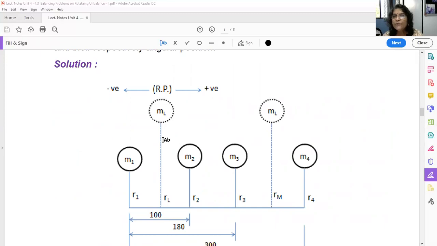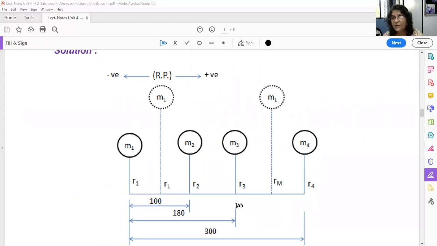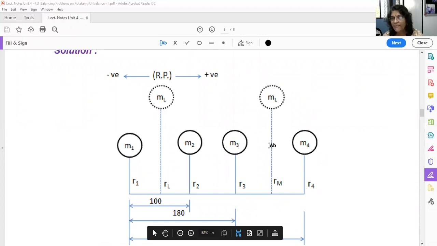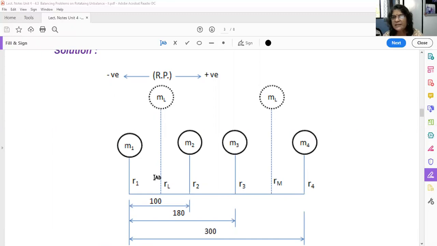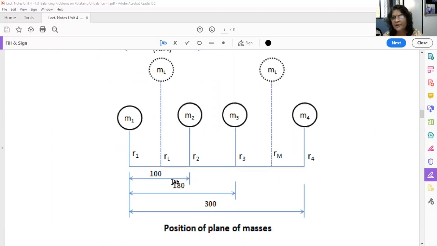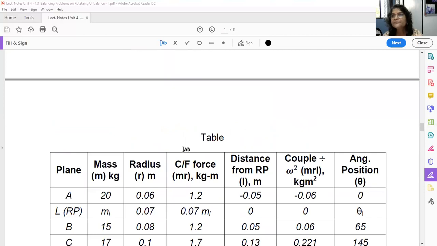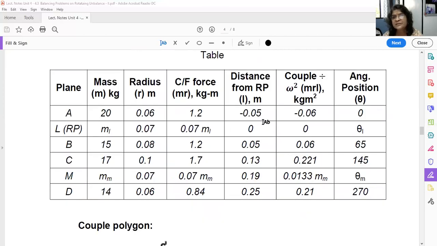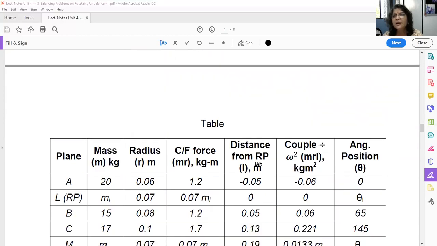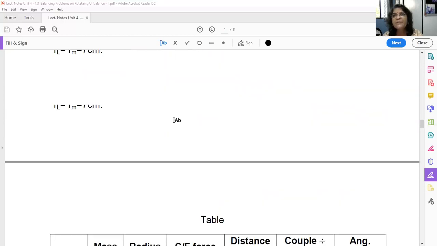Now in the next column you have to write down all the distances of M1, M2, M3 and M4 planes from this one. You can easily write that down from the distances, which are given directly in the problem, so don't worry. So 0.0 as it is midway.